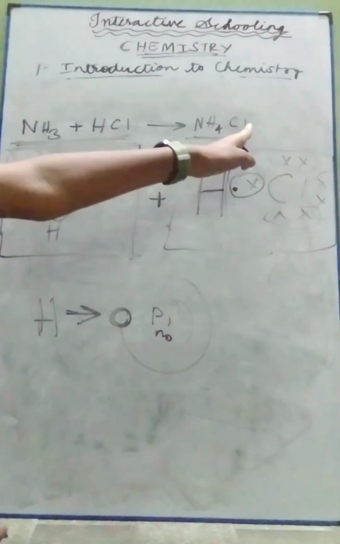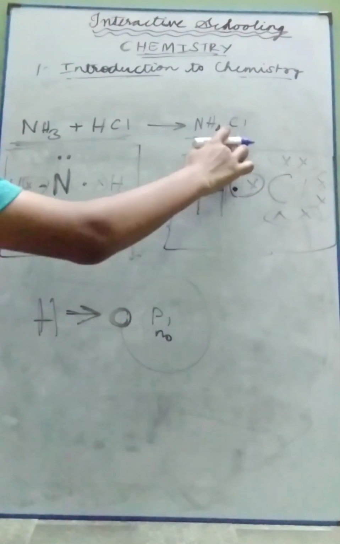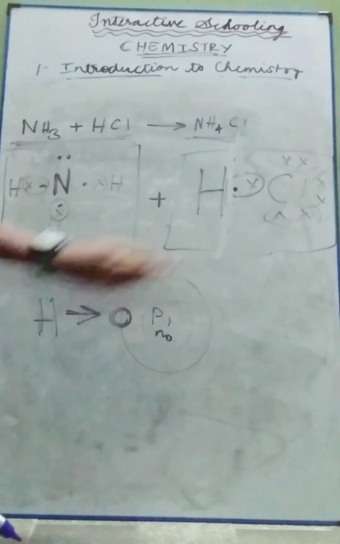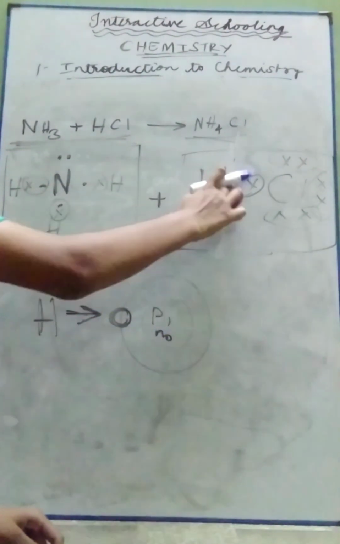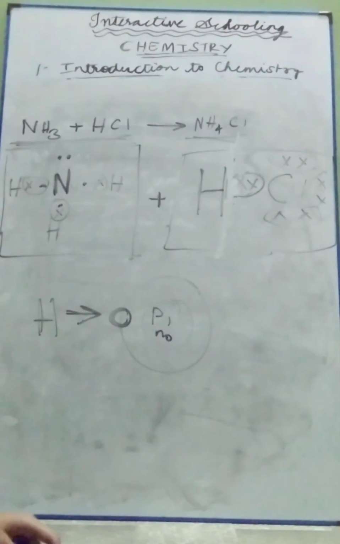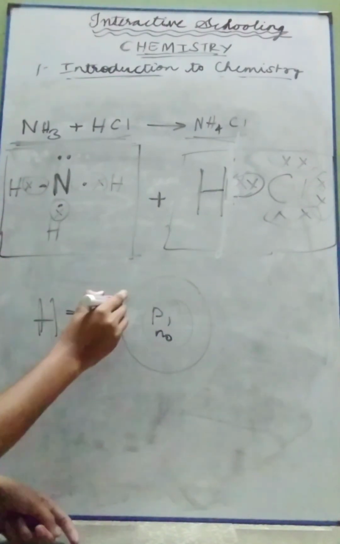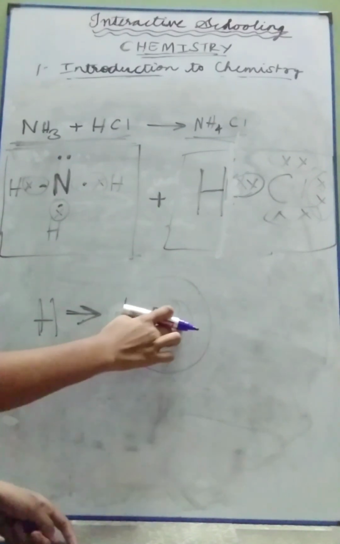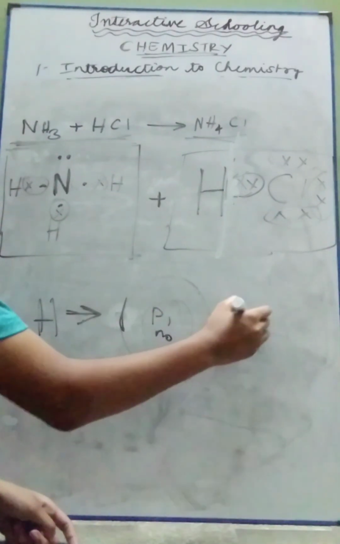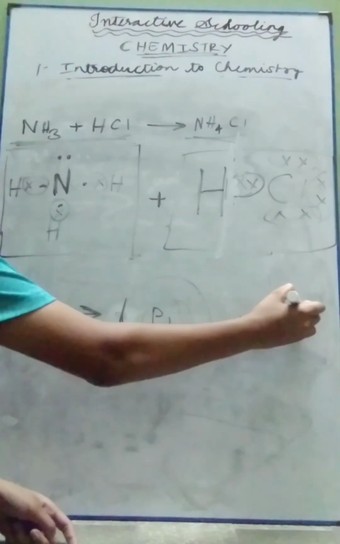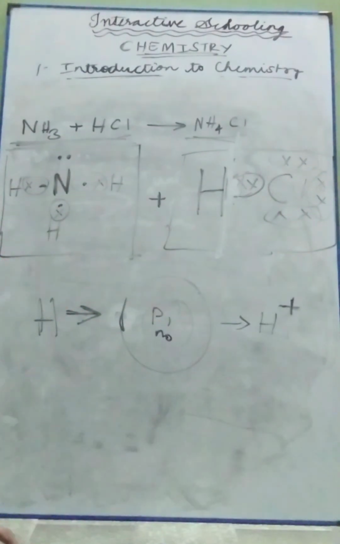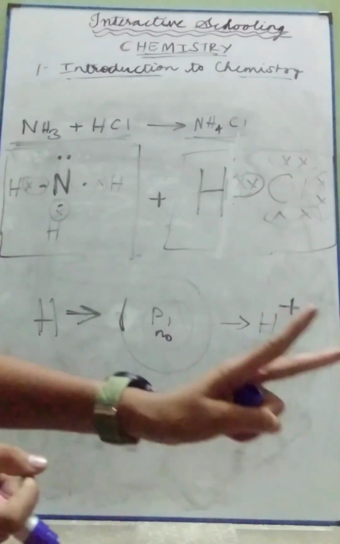So when this bond gets severed, this electron also becomes part of chlorine's atom. So now this electron is lost. It has 1 proton, that is 1 positive charge. So this becomes H+. In order to fulfill its duplet, it needs 2 more electrons.